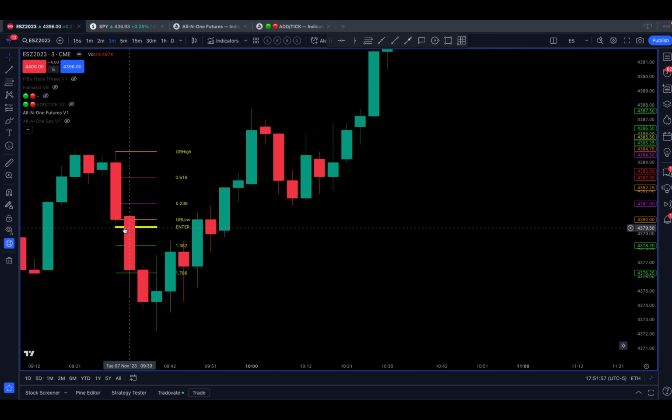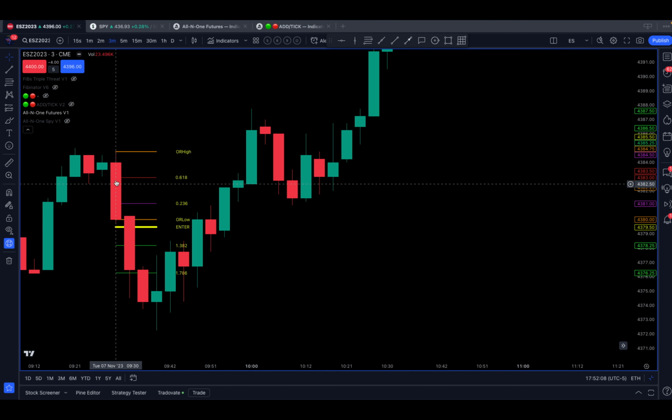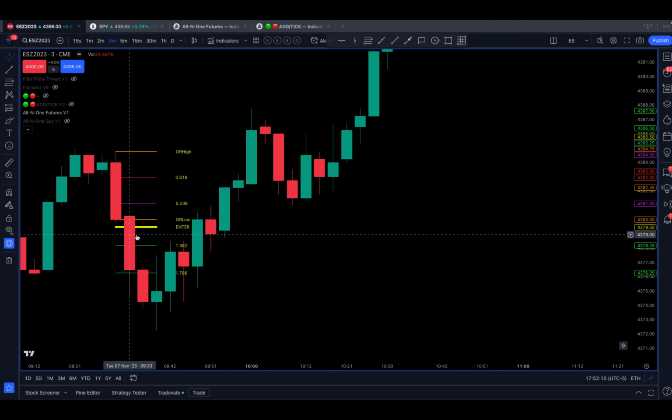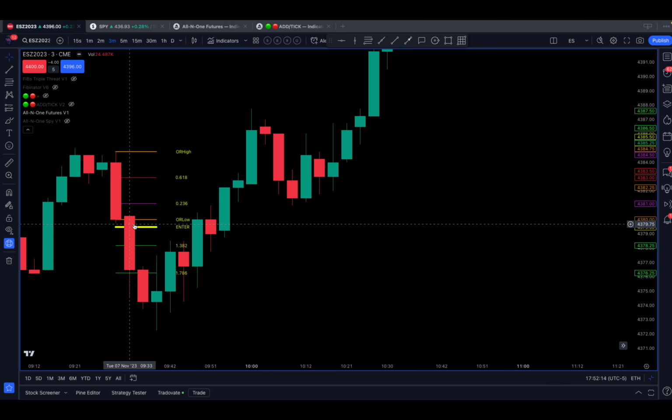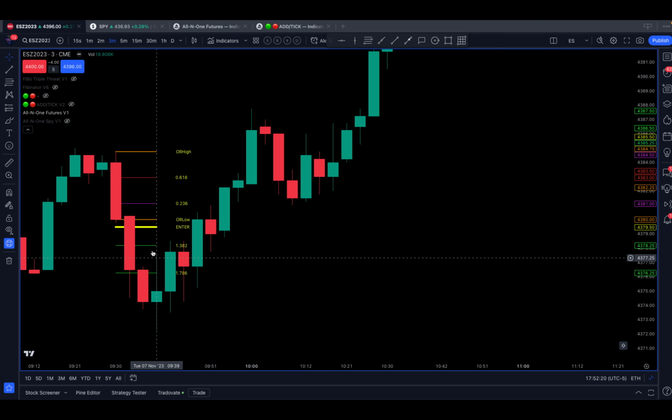Where it says enter, for me, that's enough of a momentum push to make my entrance. So how I do this is, after this first candle prints and this ORB plots, I will place a buy stop order here at 43, for example, 43.7950 to the downside.